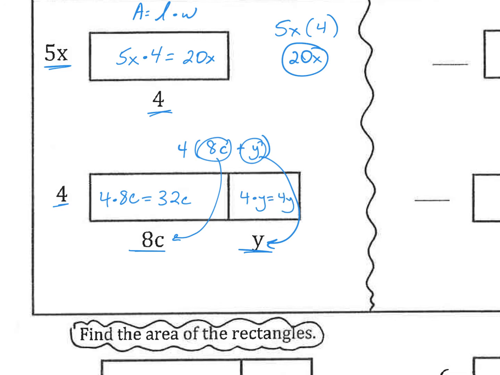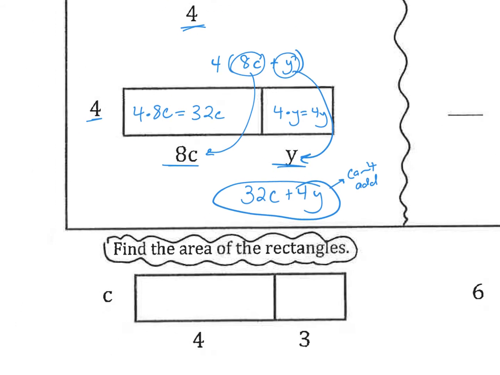Last but not least, you need to write it as a sum: 32c plus 4y. Remember, you can only add when you have like terms. In this case, 32 plus 4 is 36, but we can't say that this answer is 36cy, because c and y are different variables, so you can't add them together. You just leave them separate from each other.